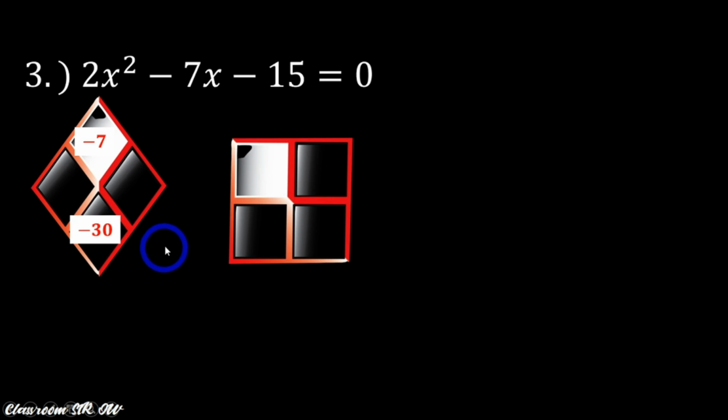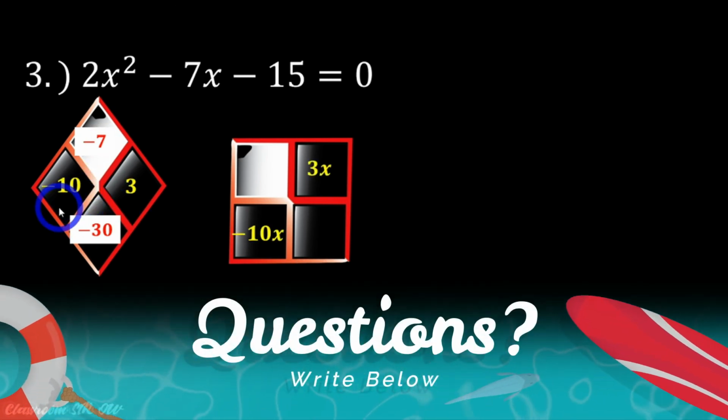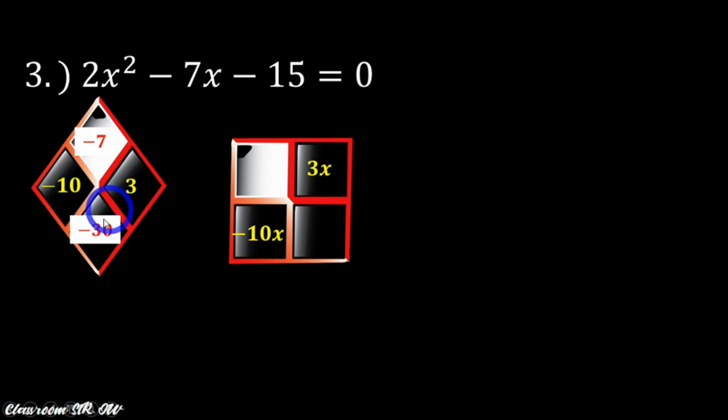So we will now look for two numbers whose product is negative 30 and the sum is negative 7. And of course, those two numbers are negative 10 and 3, because negative 10 times 3 is negative 30 and negative 10 plus 3 is negative 7.